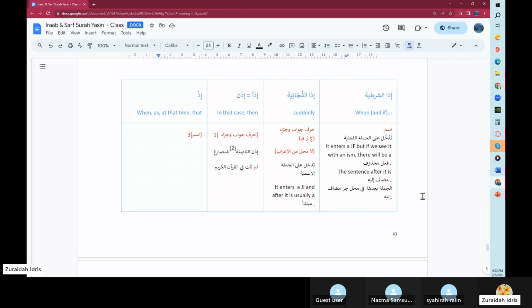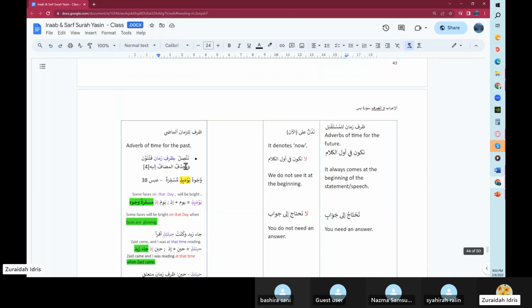So we have idha here, idhan here, and idh. Idha shartiyyah, idha fuja'iyyah, idhan, and idh. Of the 4, 2 are isims and 2 are harfs. Isims left and right here, and then we have the harfs. We did not finish because we were towards the end of the class. We did not finish idh.